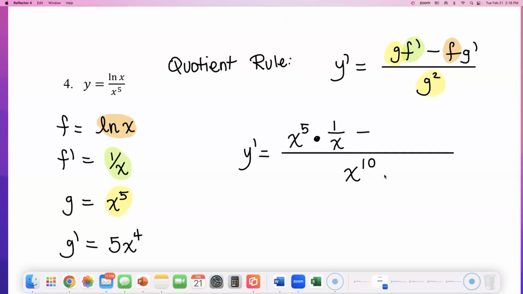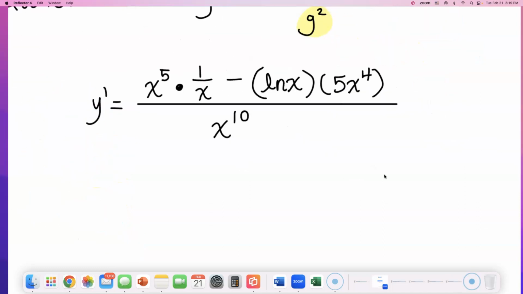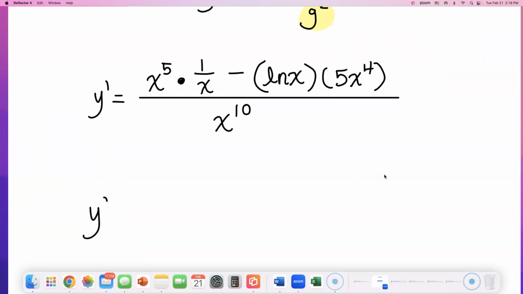F is natural log of x, ln x, and I multiply this by g prime, and g prime is this 5x to the 4th. All right, we just have to simplify this mess, okay?